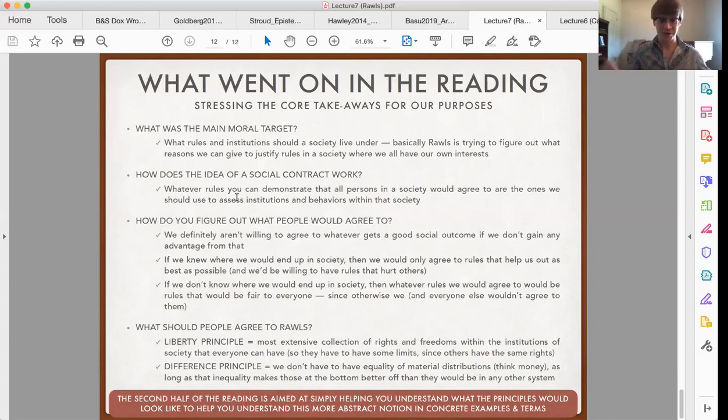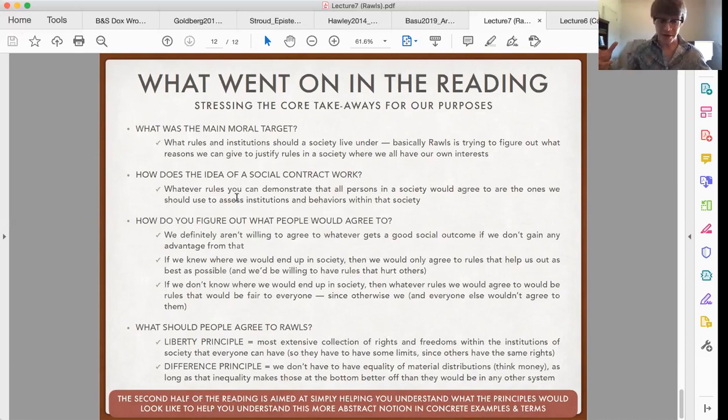And then there's what people should agree to according to Rawls, and that's the liberty principle and the difference principle, right? So if you haven't read this yet, look at this outline, and it should help structure a lot of the reading for you.